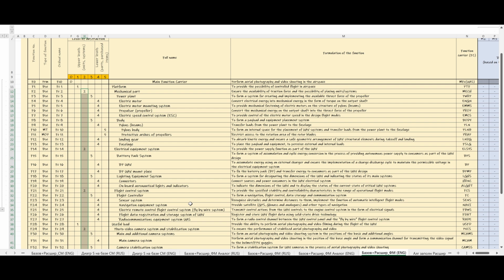If we consider a small assembly unit, for example, the body of a pylon beam, then it is much easier to divide it into structural function carriers, which includes a structural model, and form a functional model.